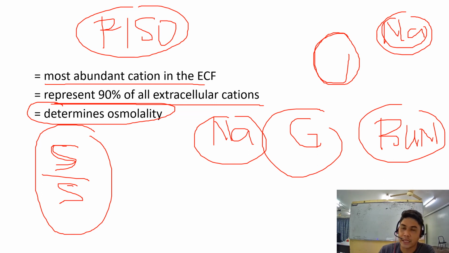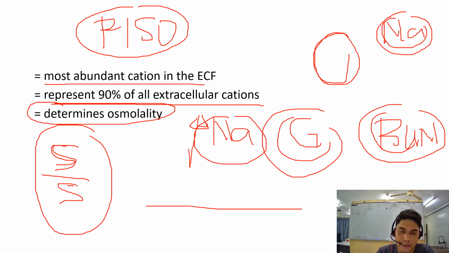So if there's an increase in sodium concentration, then the osmolality is also increased. Same with glucose and BUN. So for example, for normal plasma osmolality, you have 1 liter of plasma and you have 10 sodium plus 10 glucose plus 10 BUN.